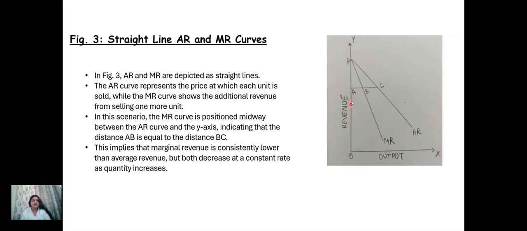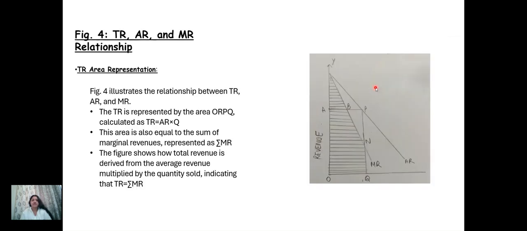You can see this is point A, this is point B and this is point P. You can see the difference between AB and BC. So this curve shows the price of each unit sold with the help of average revenue and marginal revenue.